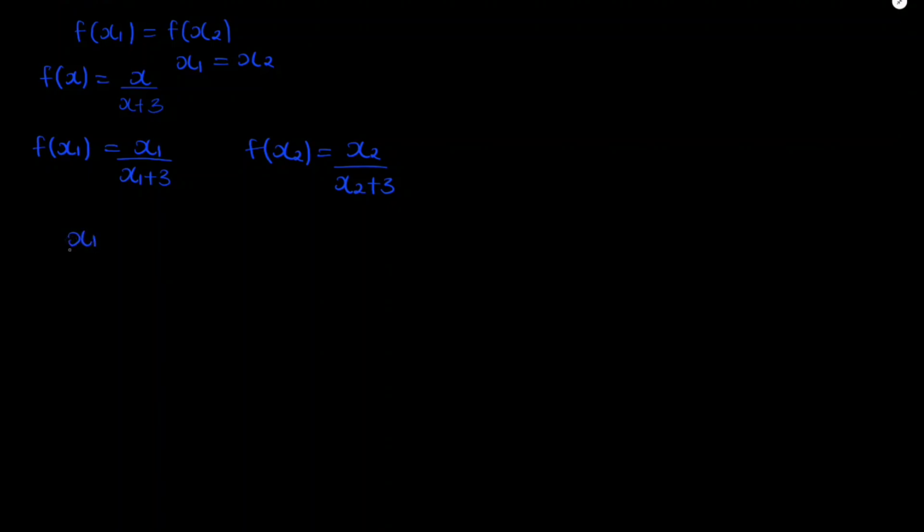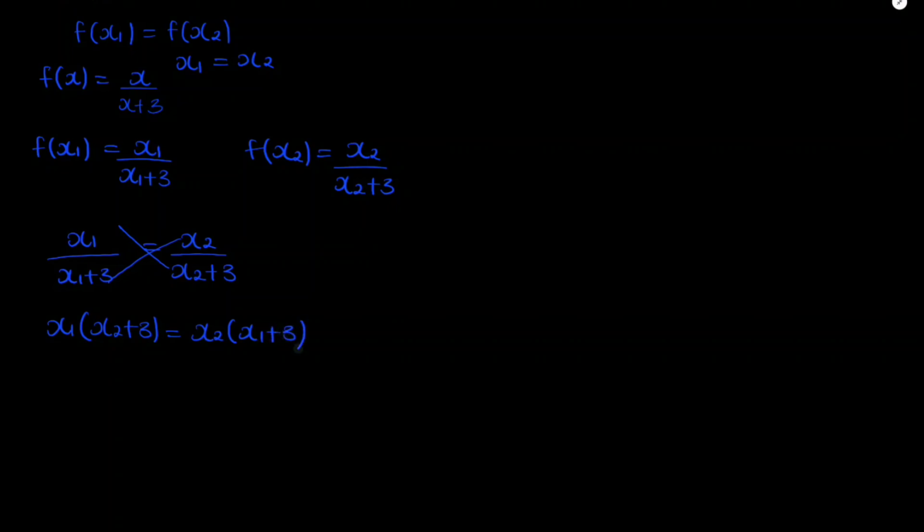We have x1 on x1 plus 3 equal to x2 on x2 plus 3. So here we are going to cross multiply. So we are going to have x1 into x2 plus 3 equal to x2 into x1 plus 3.